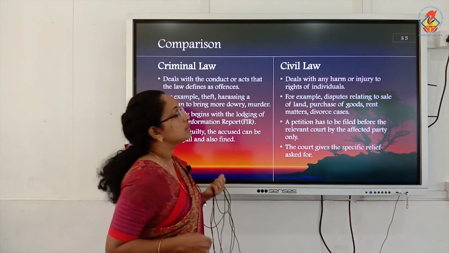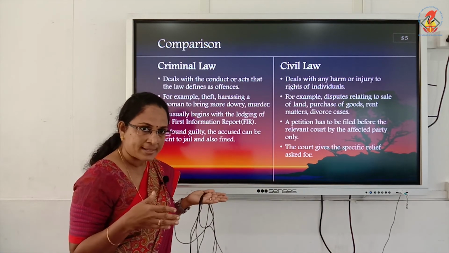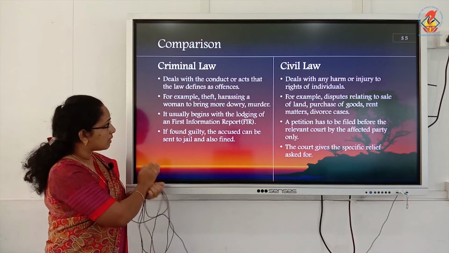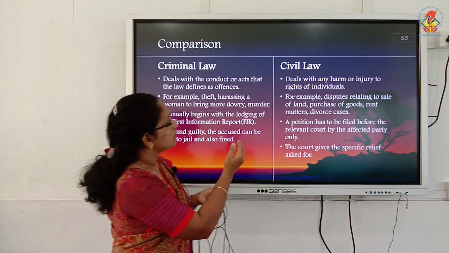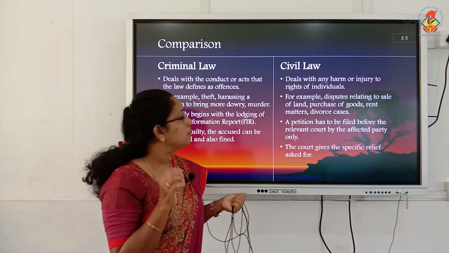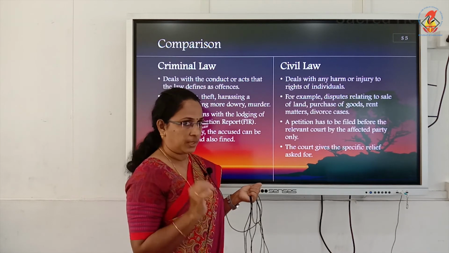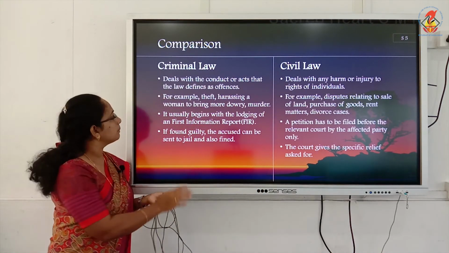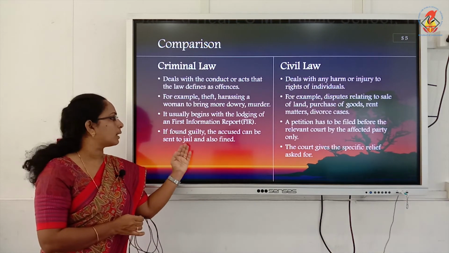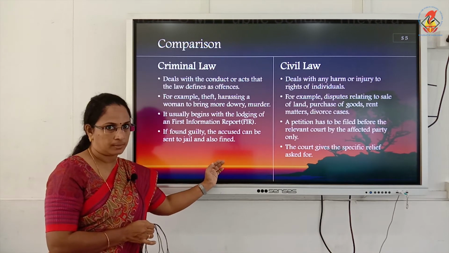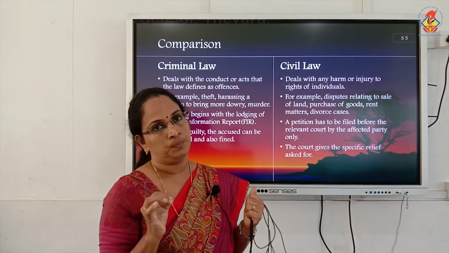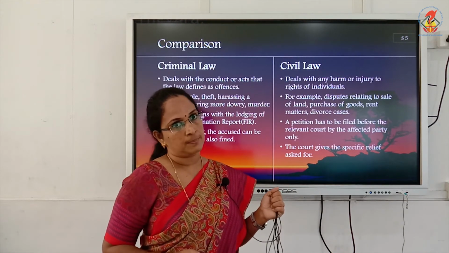Civil law deals with disputes related to sale of land, purchase of goods, etc. Criminal law begins with the FIR. In civil law, the petitioner has to file a petition in the concerned court. In criminal law, if found guilty, the accused can be sent to jail and also fined. But under civil law, the court gives the specific relief asked for, not sending the person to jail.